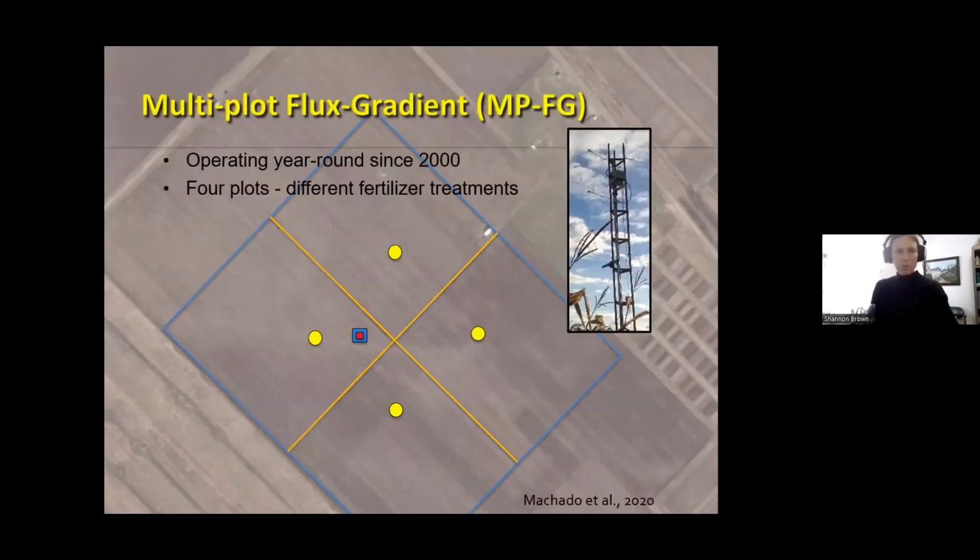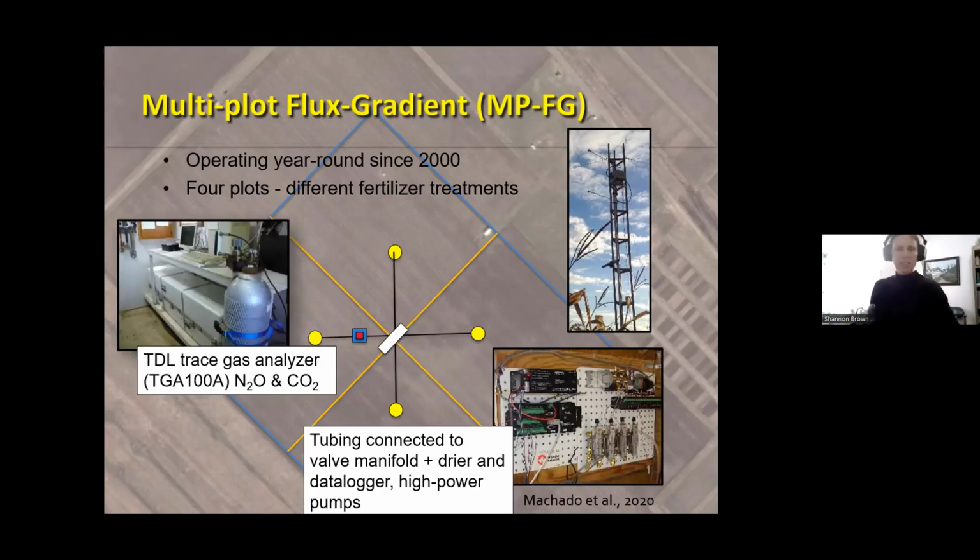Now the multi-plot flux gradient system has been operating since 2000, and it's split into 4 plots. In the year of this study, 2017, there were 4 different fertilizer treatments, one applied to each plot. The system consists of an intake tower in each site, and each of those intakes is connected by tubing to a valve manifold.